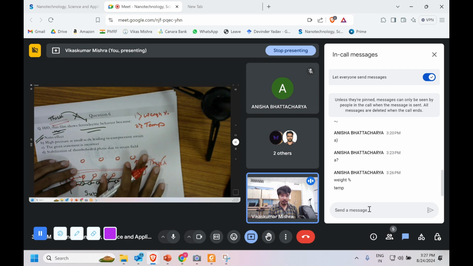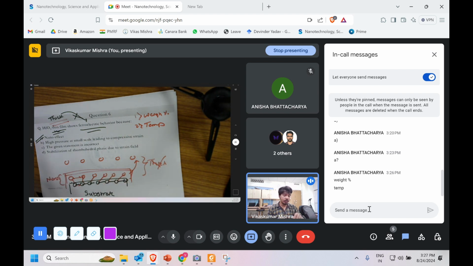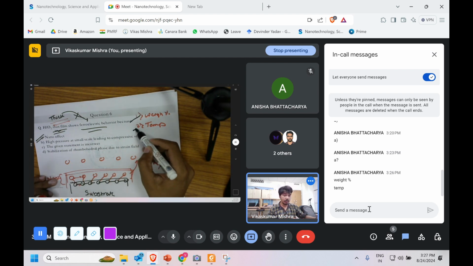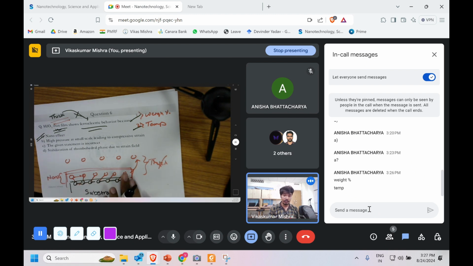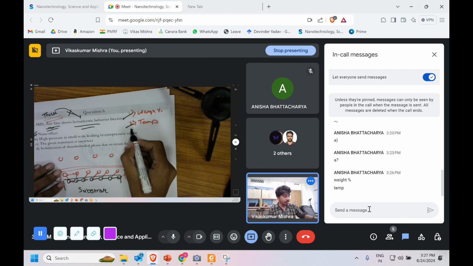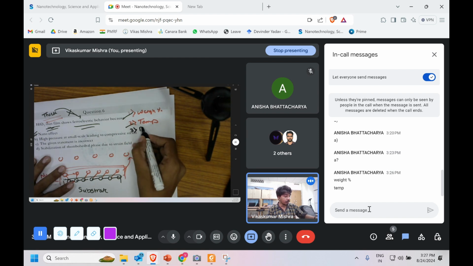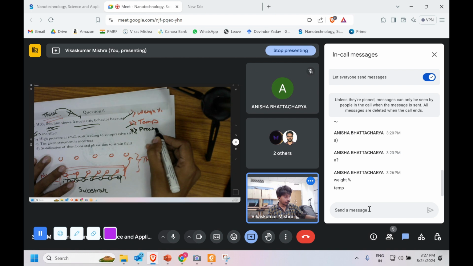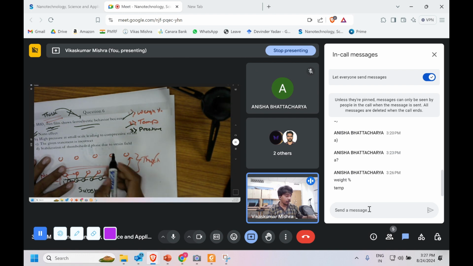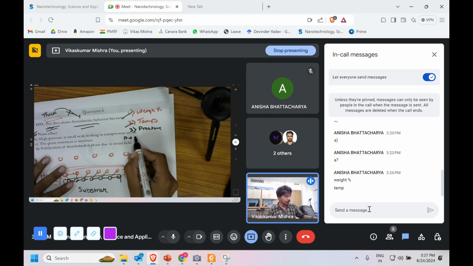So in the normal phase diagram which we studied, we usually see these two factors affect the phases of the material. But there is one more factor which we usually don't see, that is the pressure. We know Gibbs phase rule: P plus F is equal to C plus 2.